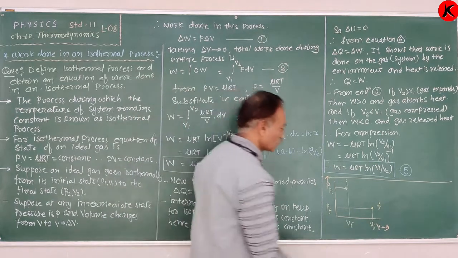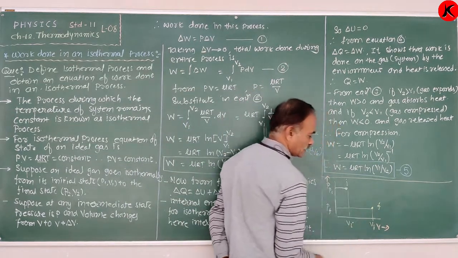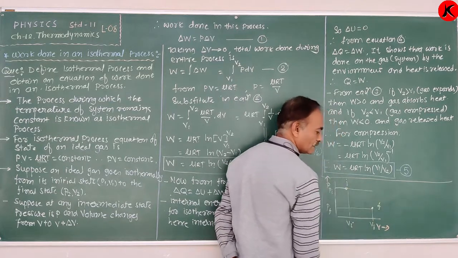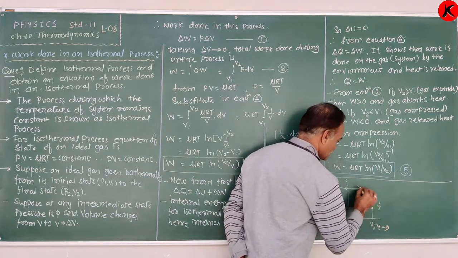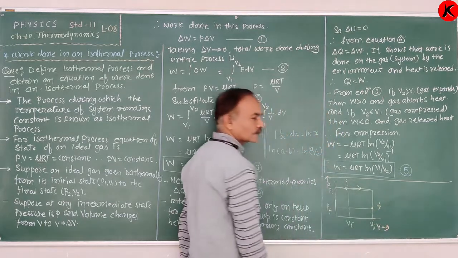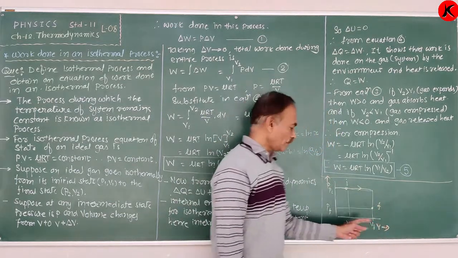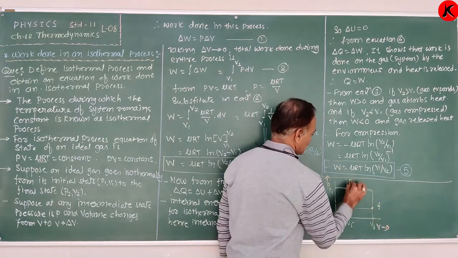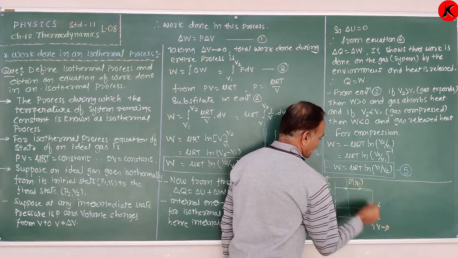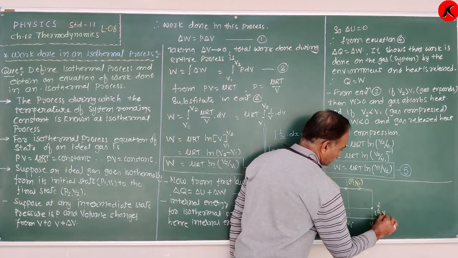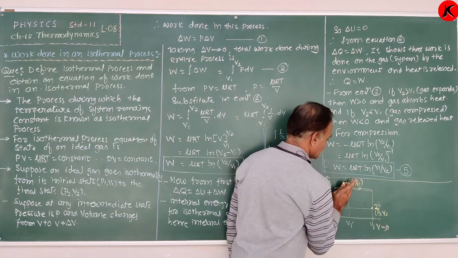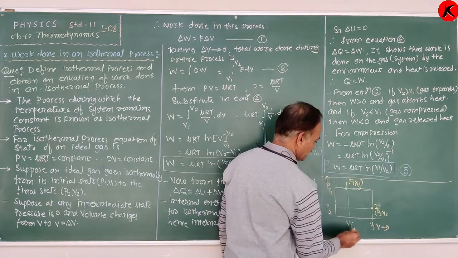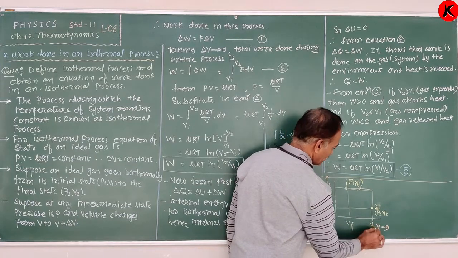First, we keep the pressure constant and change the volume from Vi to Vf. So that is the first way. We bring the system from Pi Vi to Pf Vf. Here we consider P1 V1 as the first state and P2 V2 as the second state.